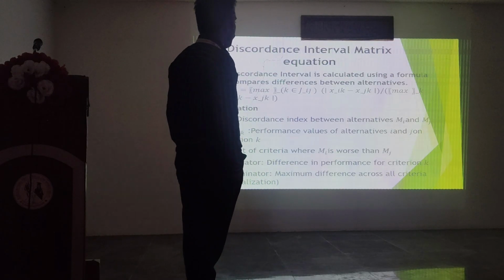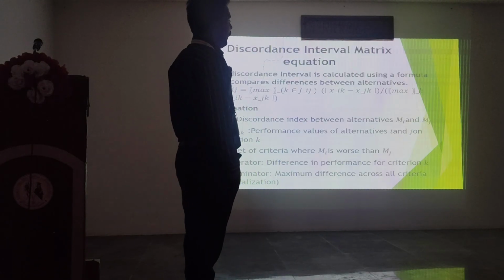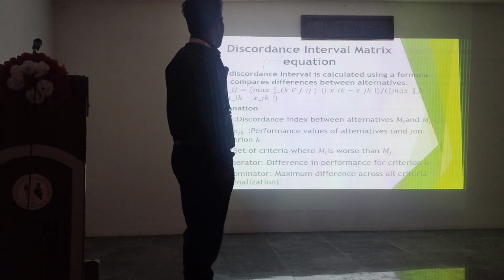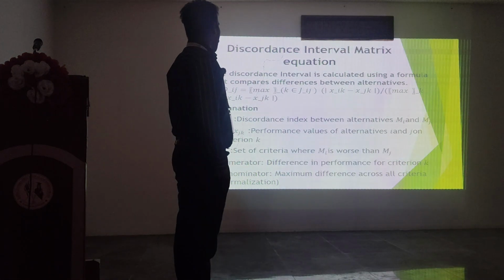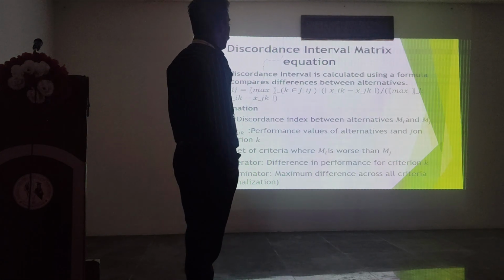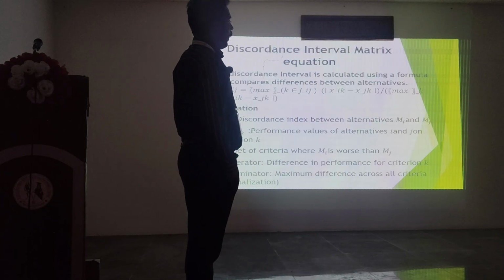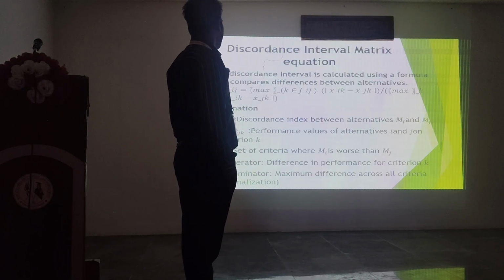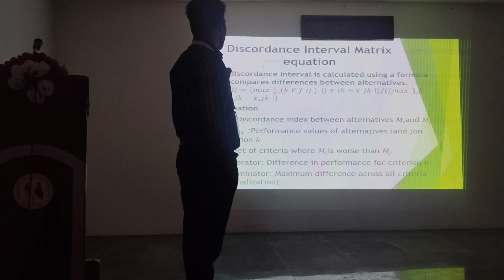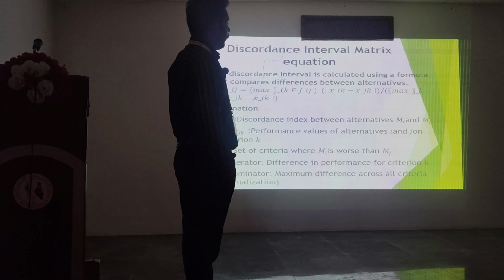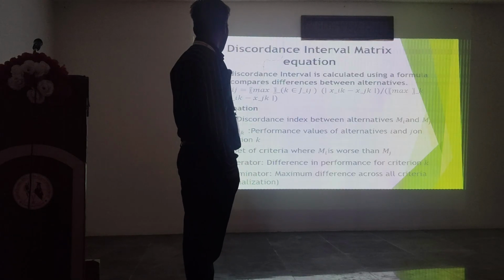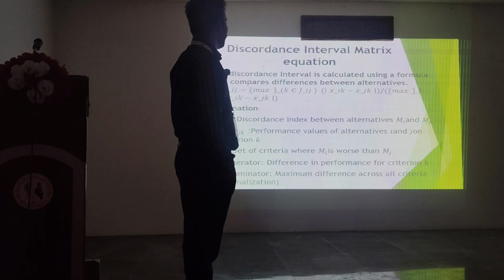Dij is the discordance index between alternatives i and j. xik and xjk are the performance values of alternatives i and j on criterion k. Jij is the set of criteria where i is worse than j. Numerator: difference in performance for criterion k. Denominator: maximum difference across all criteria.